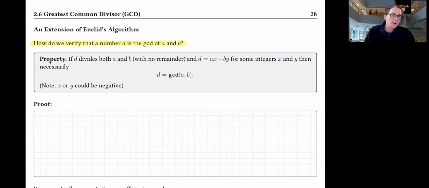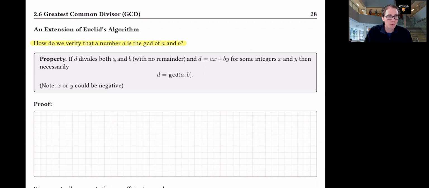If I give you a number D and I claim it's the greatest common divisor, how do you tell? How do you check that it is? I guess you could run Euclid's algorithm and check that you get the same value, but we can do it kind of all at once. And so to do that, we have the following.